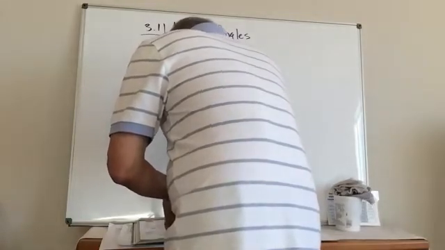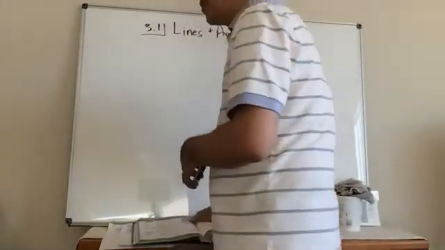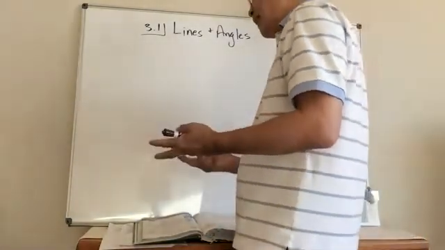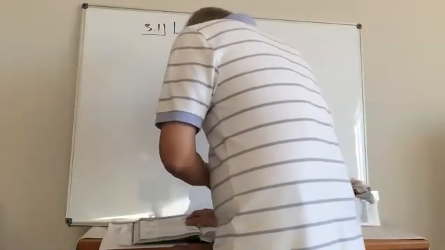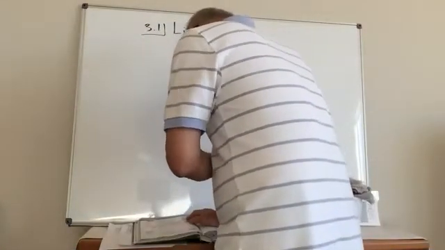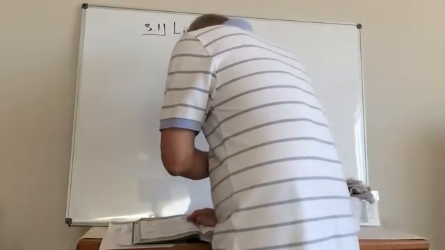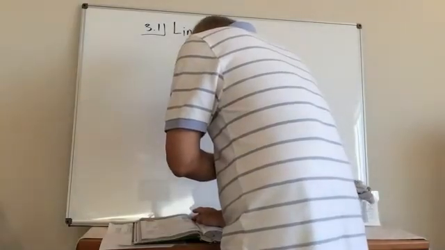Skew lines are not coplanar, so they're not in the same plane. They are not parallel and do not intersect, in the figure AB and EG.